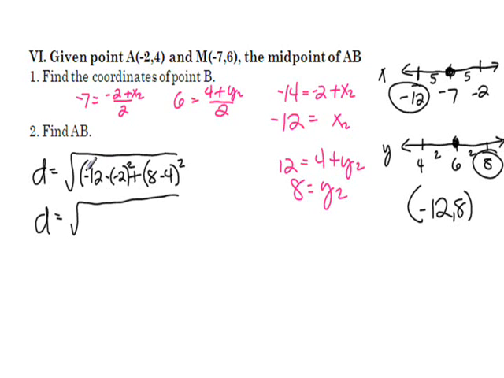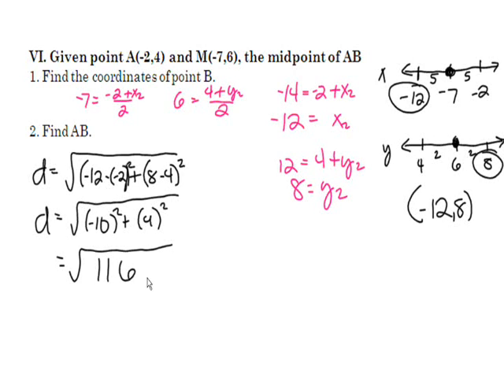I think I forgot a second set of parentheses in here. -12 minus -2 gets me -10 squared, plus 4 squared. So I get 100 plus 16, so 116.